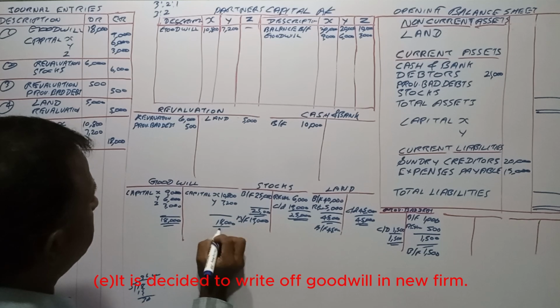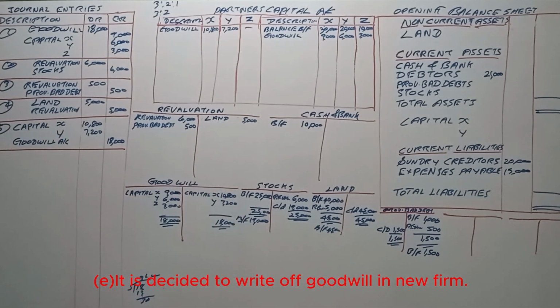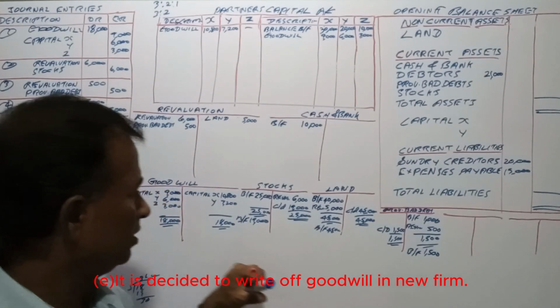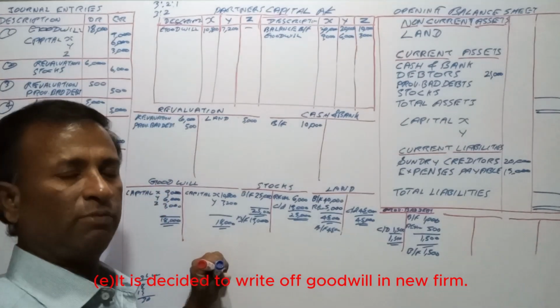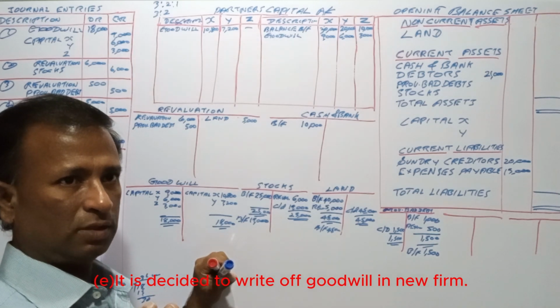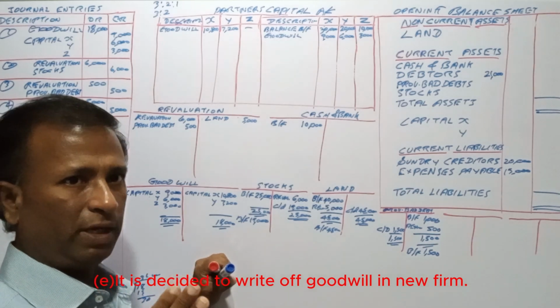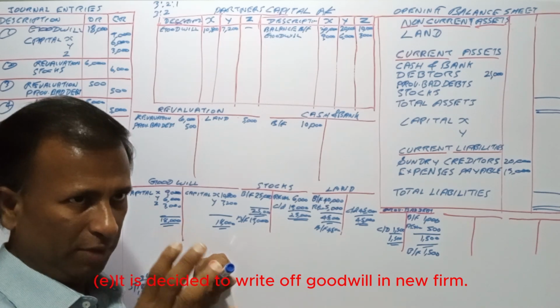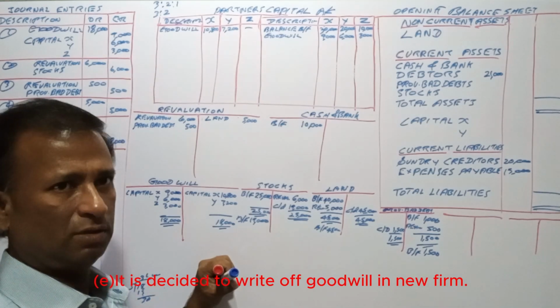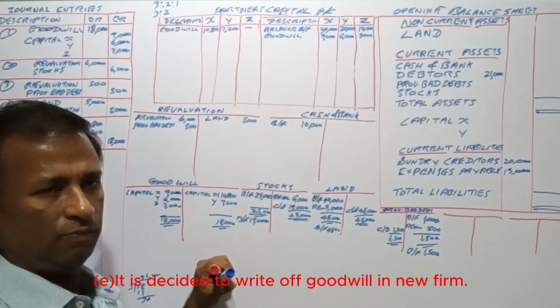So there is no goodwill now. It has been written off. When you are calculating the goodwill at the time of retirement, you create a goodwill account debit and all the partners' capital accounts credit.